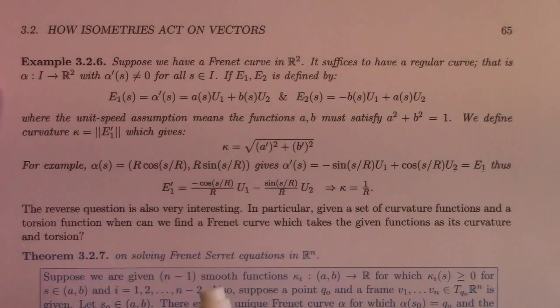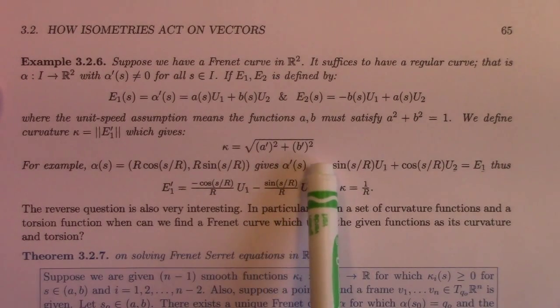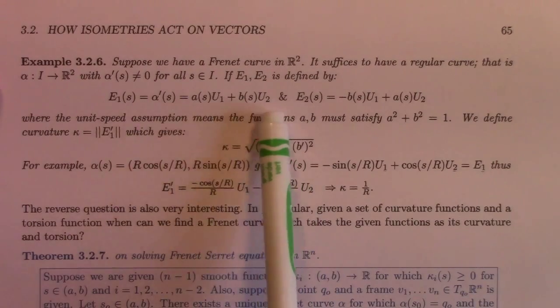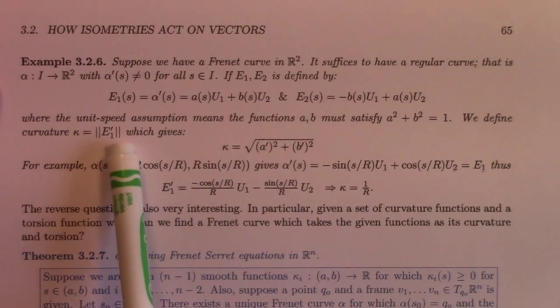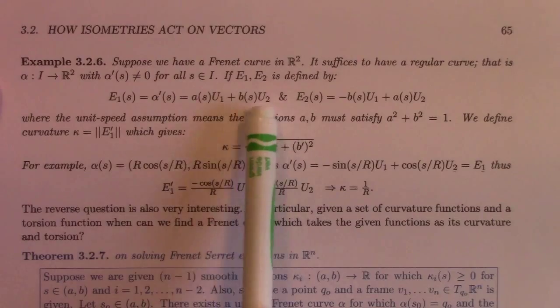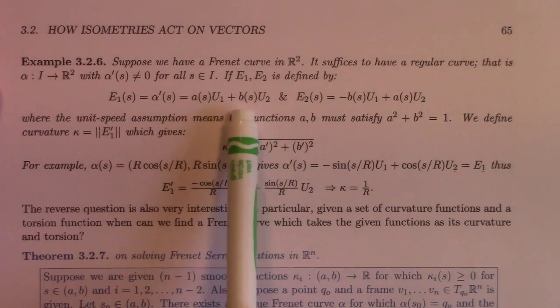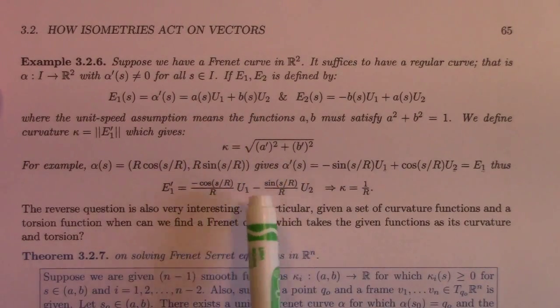So anyway, the curvature then is the square root of a prime squared plus b prime squared, because e1 prime, of course, is, differentiate this, I get a1 prime u1 plus b prime u2. The magnitude of that is this.